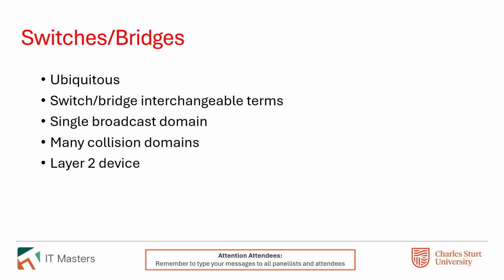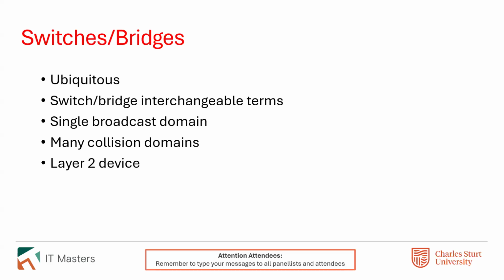Now, if you use the broadcast address of all ones, essentially in binary, that is FF, FF, FF, FF, FF, FF in hexadecimal, then every device on that network is going to receive it at the same time. That's a broadcast domain. Now, collision domain I've touched on quite a bit already, but essentially it consists of the ability or not of 2 devices on the same network to talk at the same time and have their message heard by whichever device it is that intends to receive that traffic.